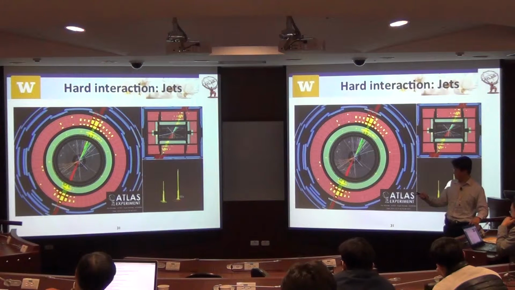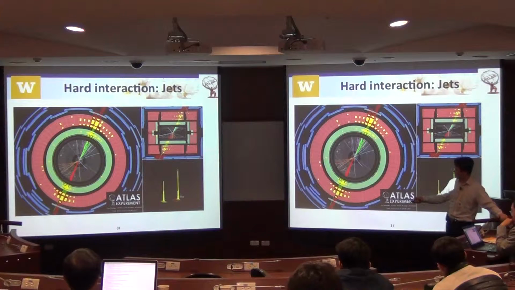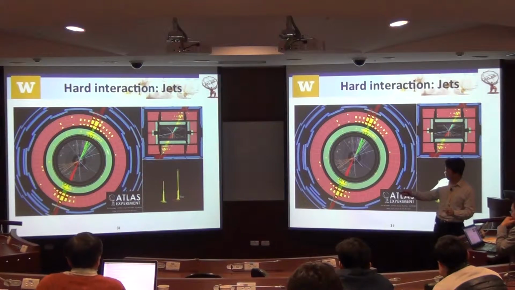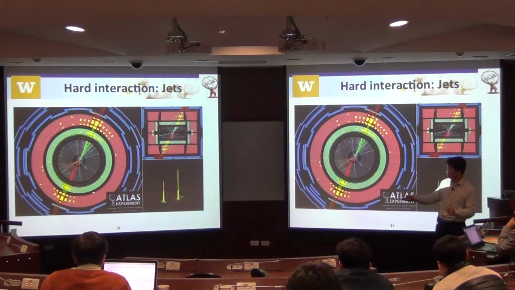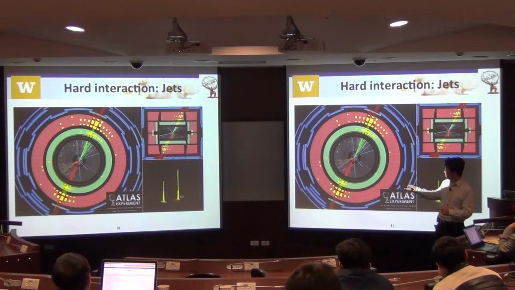Okay? So here, you can see a flat plane. This is the phi dimension of the calorimeter, and this is the RZ view. This is the beam moving direction.